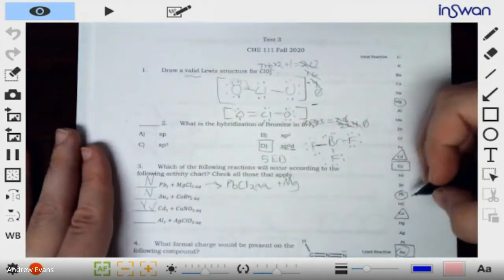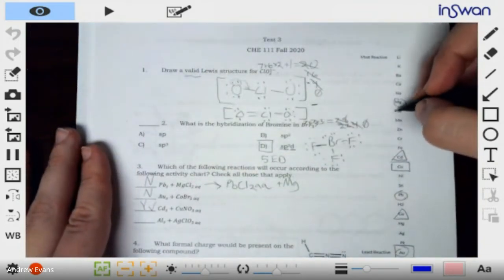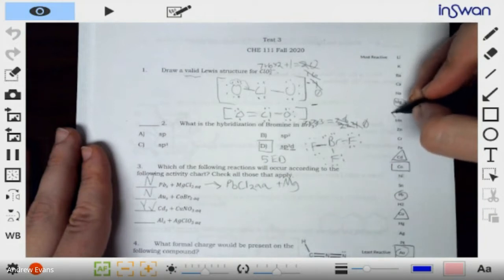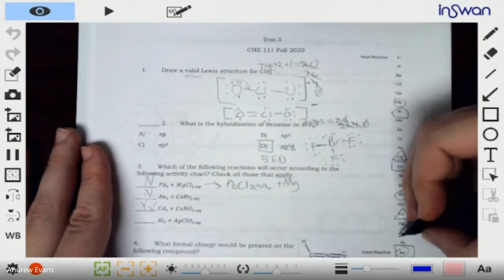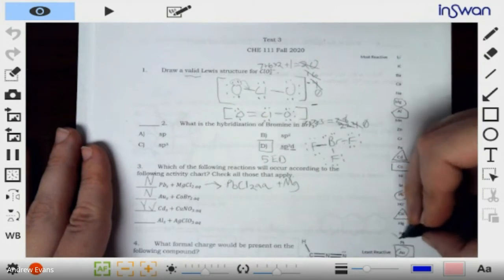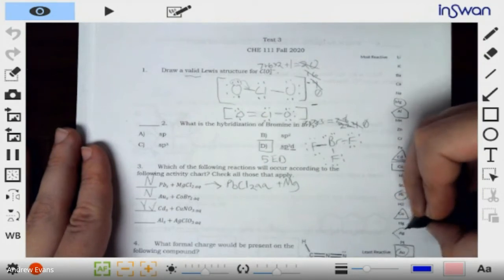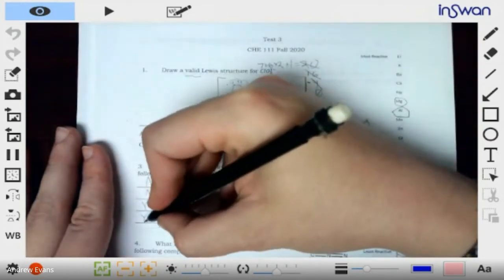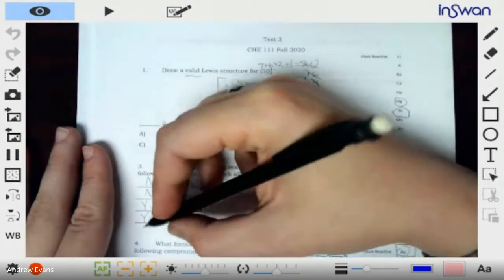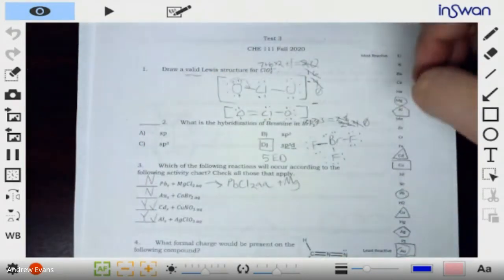And is aluminum way up here higher than silver way down here? And the answer is yes. So the answer is no, no, yes, yes. But you're looking at which metal is higher than which other metal.